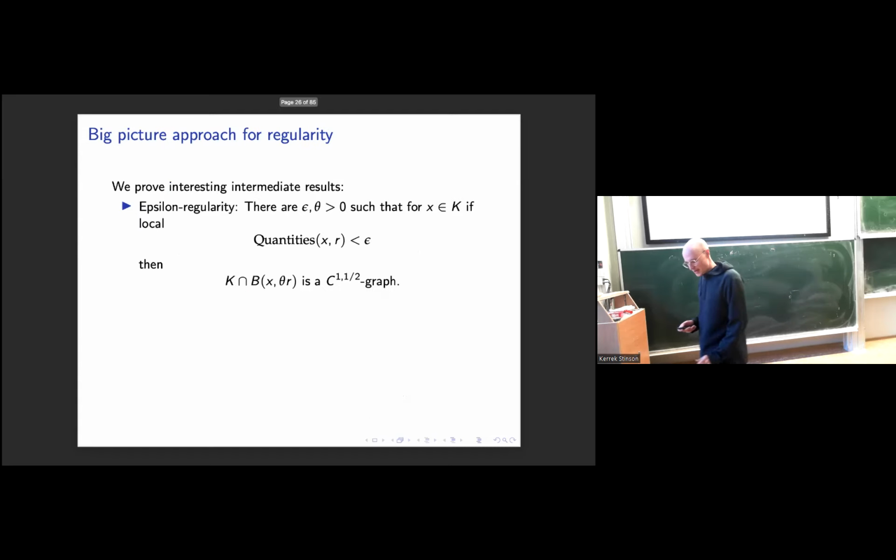Okay, so the way we prove this is through a couple of intermediate regularity results. The first one is an epsilon regularity result. I don't know how familiar you guys are. For me, the phrase epsilon regularity was new when I had to do this.